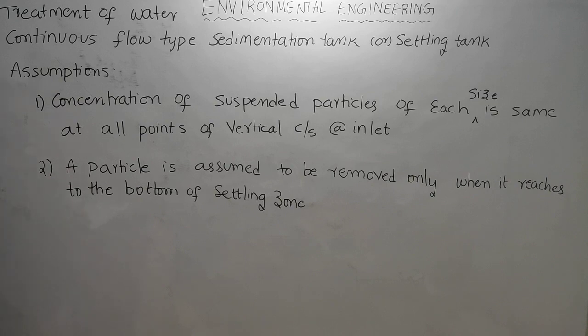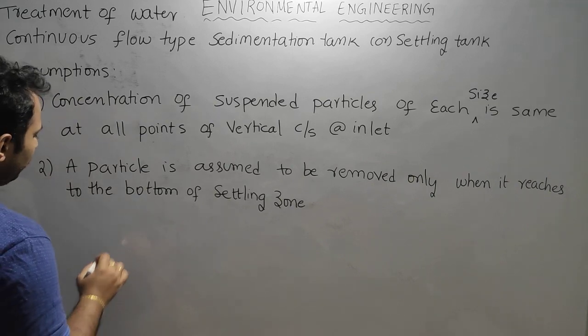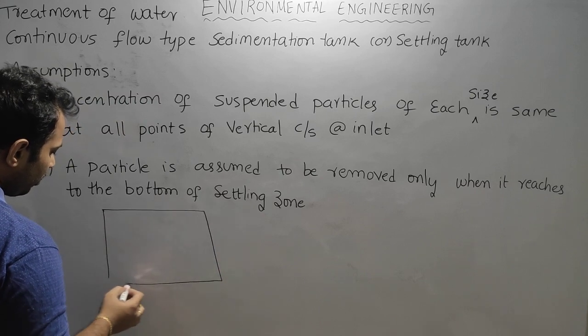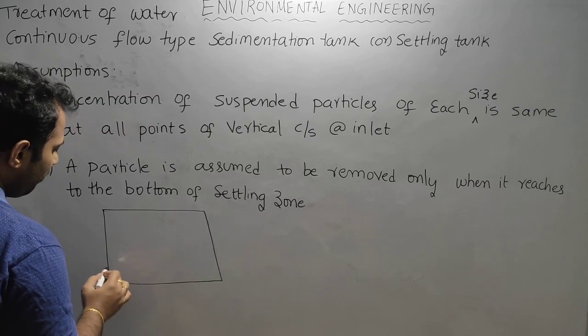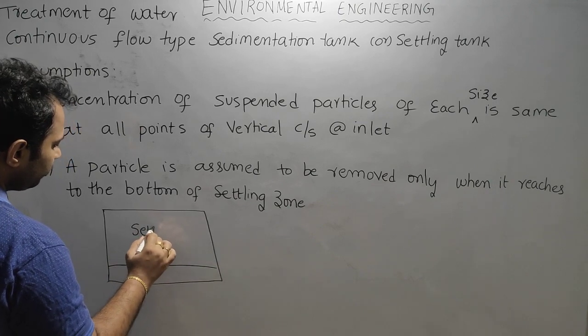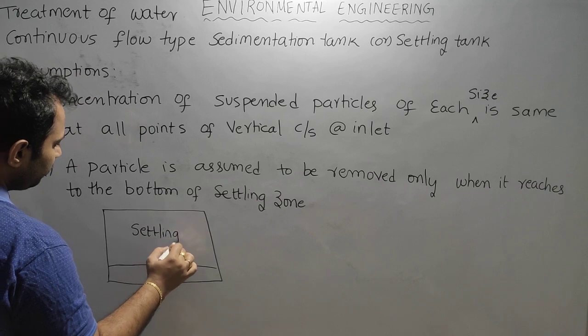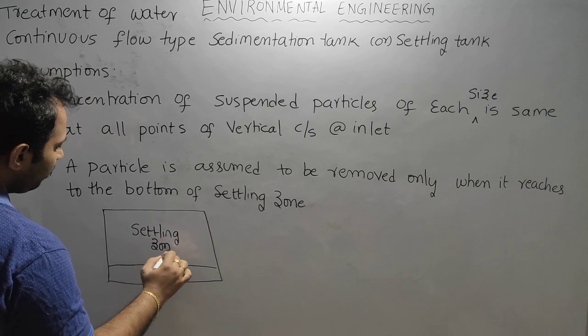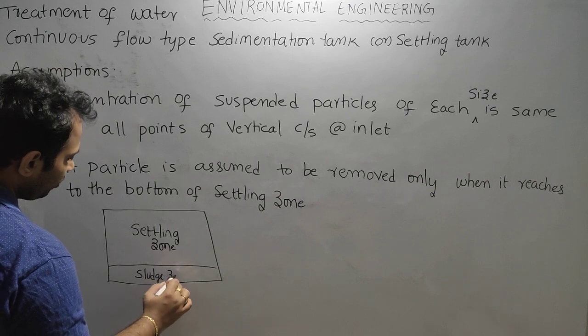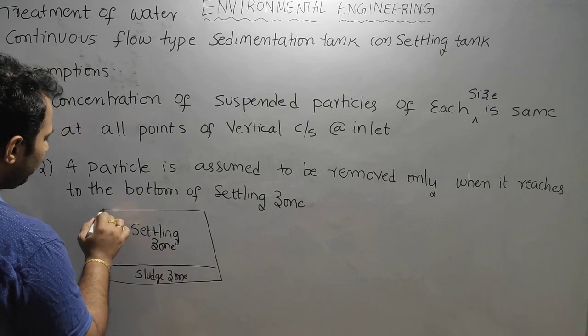See, for example, this is a tank. In a tank there will be two compartments. One is the settling zone, and this one is the sludge zone. Three particles start from here.